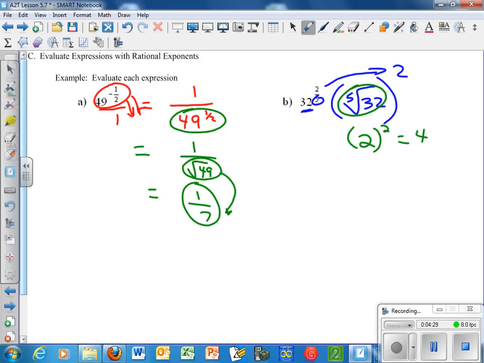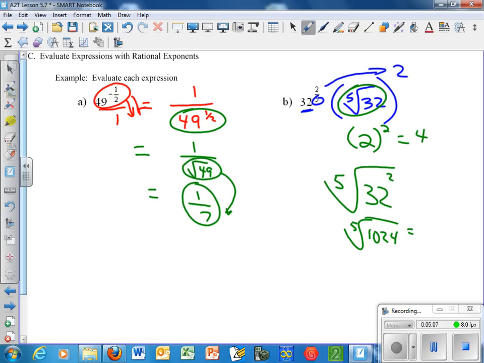Another way you could do that is take the 5th root of 32 and then put the square underneath the radical, the top number. 32 squared is 1024, and the 5th root of 1024, if you find the root button on your calculator on the TI 83s or 84s, that's under the math menu, and you want the one that's got the x in there and put in the fifth root.